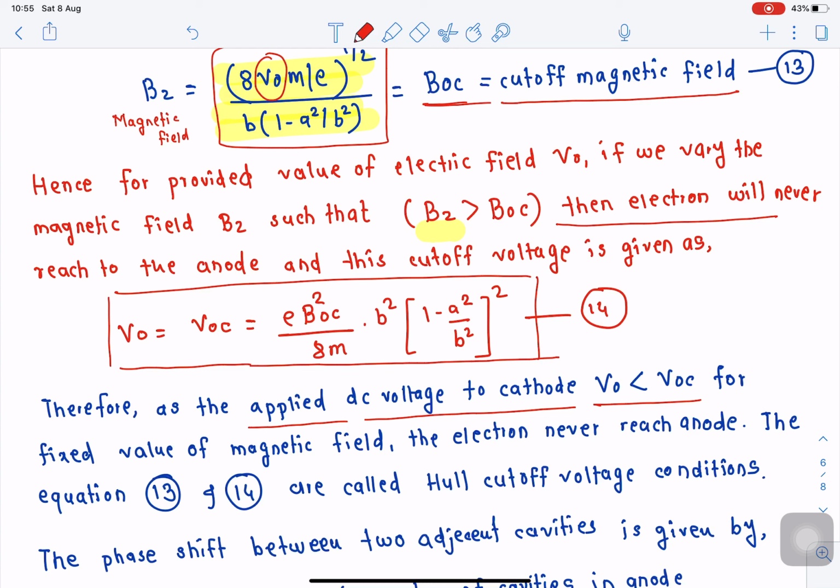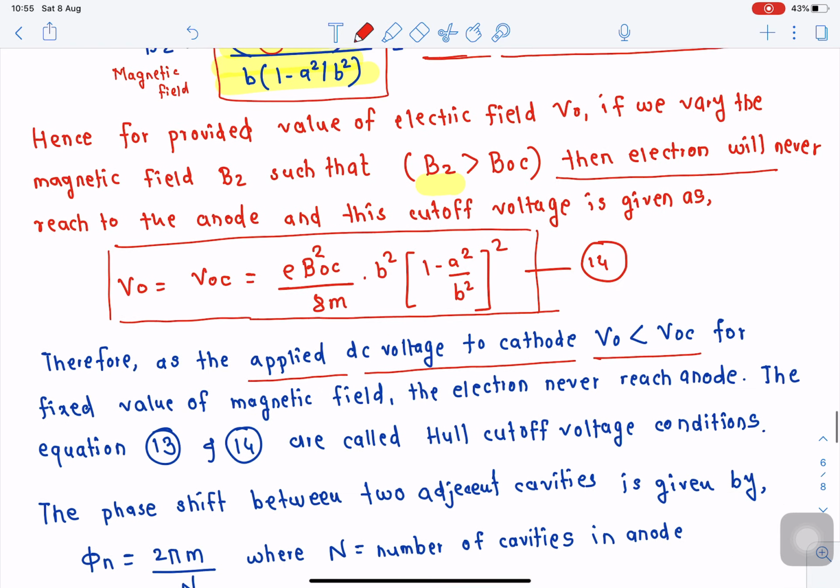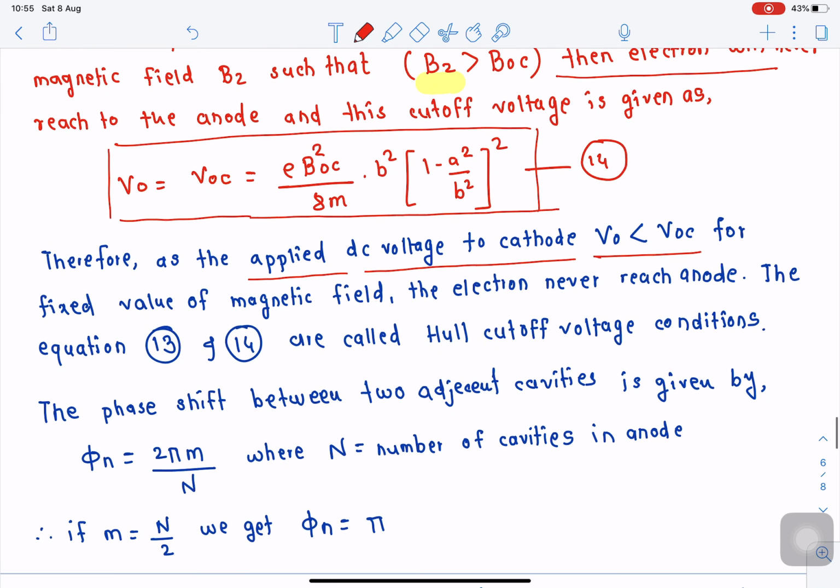At that time, the same condition will appear and the velocity modulation process will take place, and equation number 13 and equation number 14 are popularly known as the Hull cutoff voltage conditions for generating sustained oscillation inside a magnetron circuit, right?